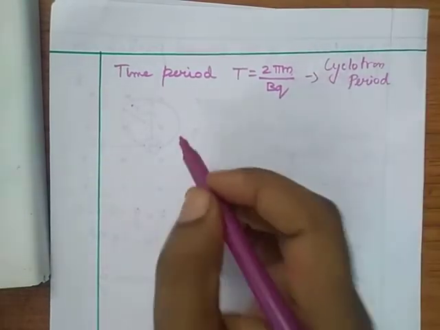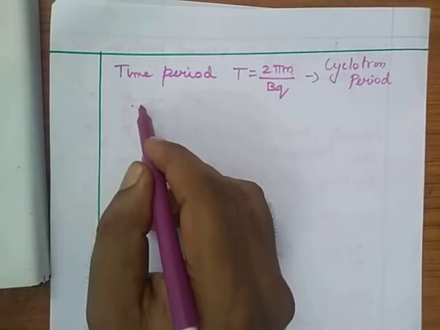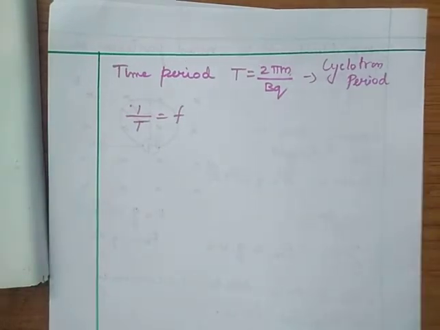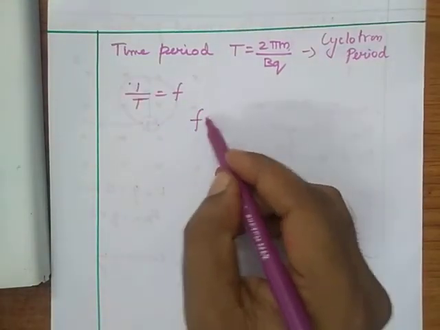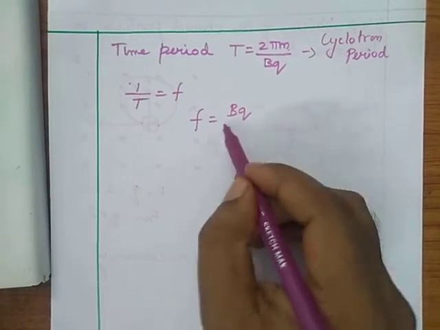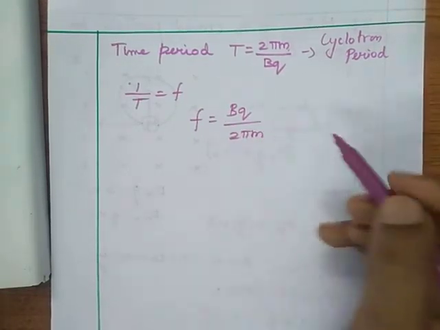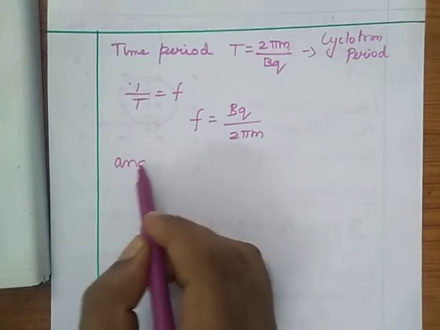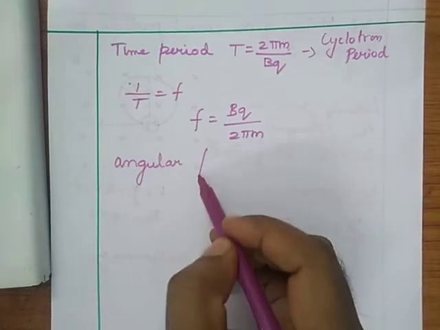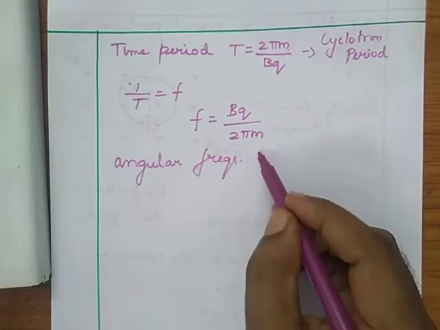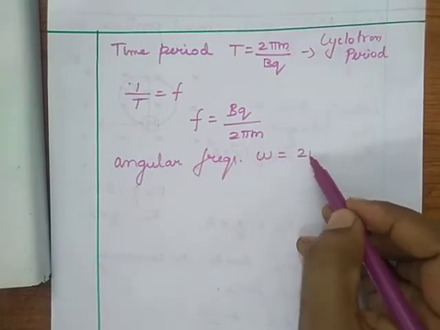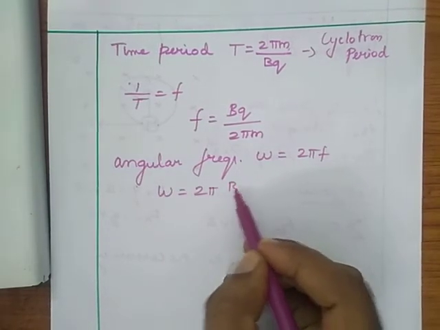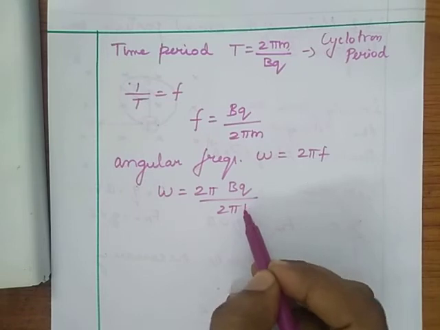We know the reciprocal of time is known as frequency. Then the frequency f is equal to Bq by 2 pi m. In terms of angular frequency, we can write angular frequency omega is equal to 2 pi f, then omega equals Bq by 2 pi m times 2 pi.